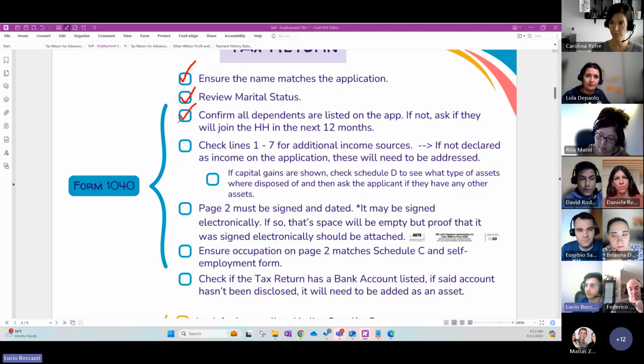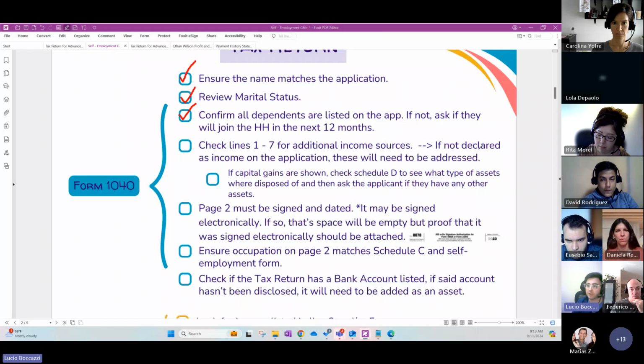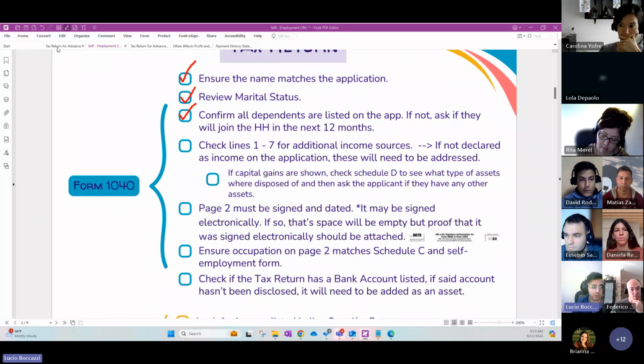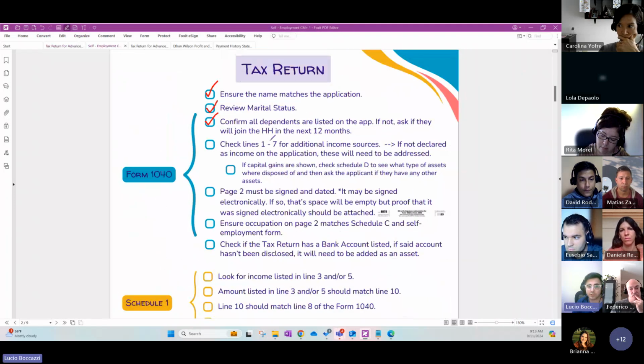once we clear this out, we're going to check lines 1 through 7 for additional income sources. If they are not declared in the application, we need to have them addressed. So let's go into the tax return. And as you guys are seeing, the only thing that I'm doing so far is going step by step in the cheat sheet. I'm not doing anything that is not here.